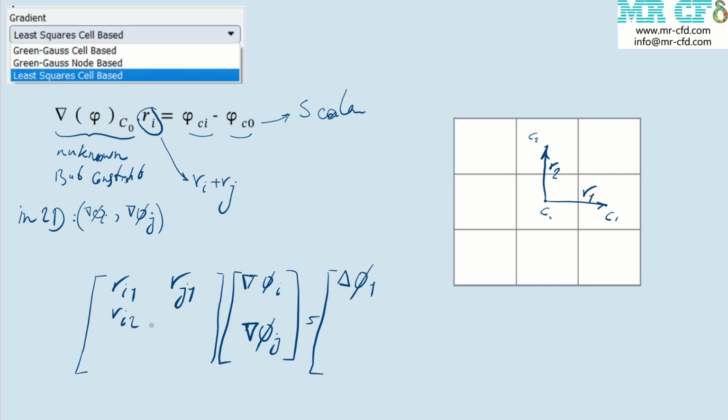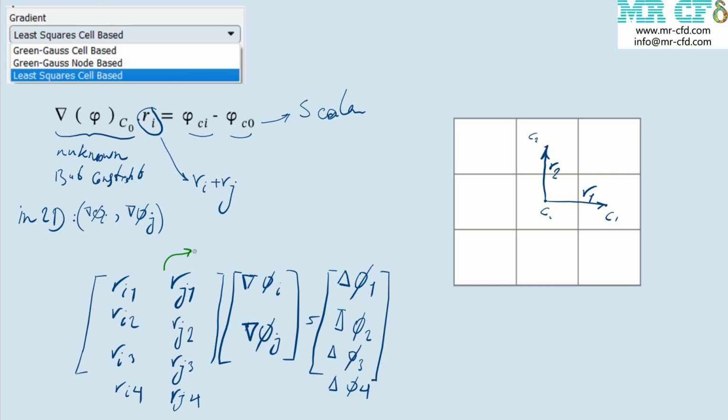By completing the system of equations, we will have Ri2 and Rj2, Ri3 and Rj3, Ri4 and Rj4, and delta phi 1, delta phi 2, delta phi 3, delta phi 4. This matrix is dependent only on the geometry. We have two unknowns, but there are 4 equations.